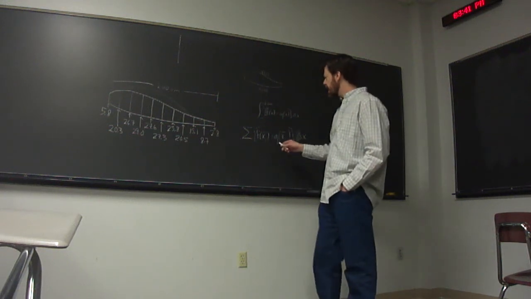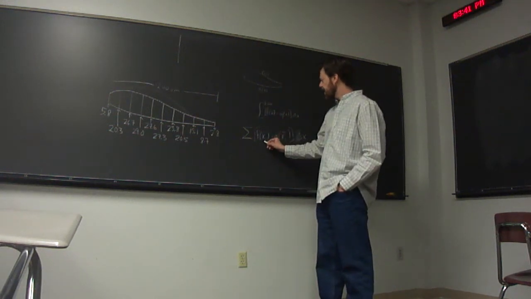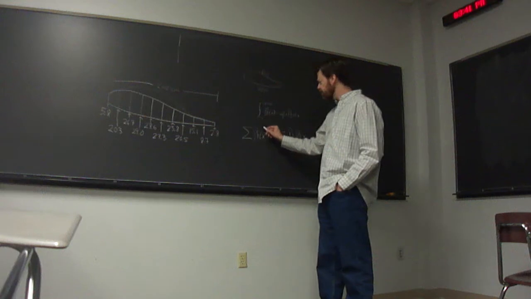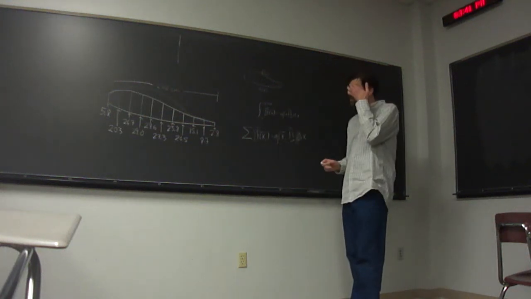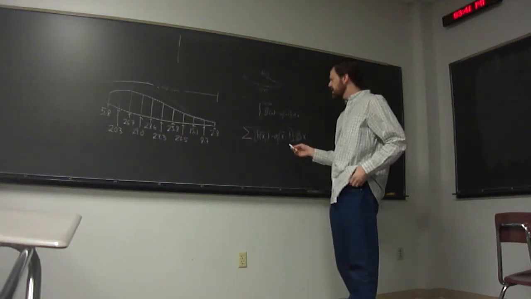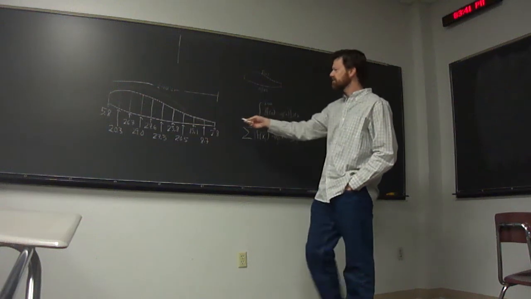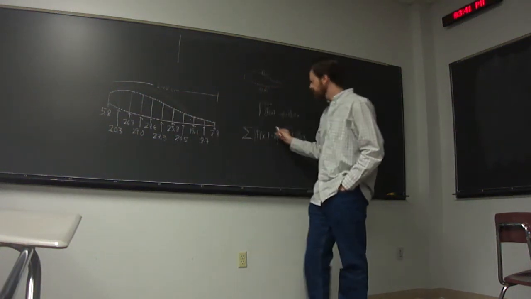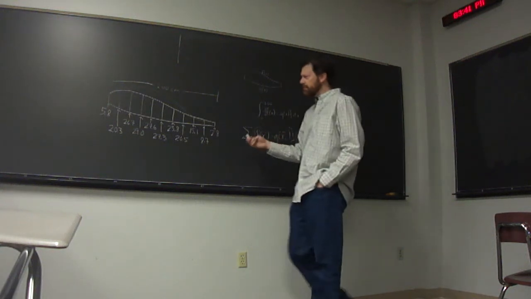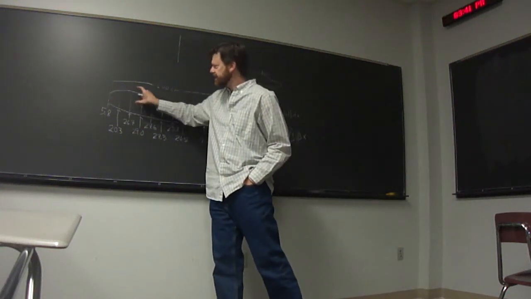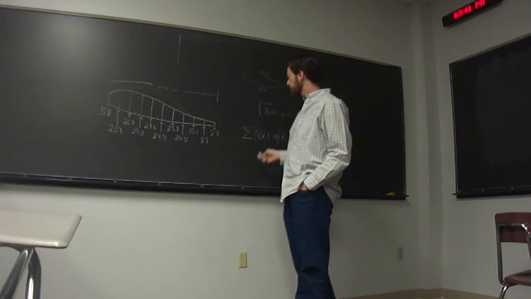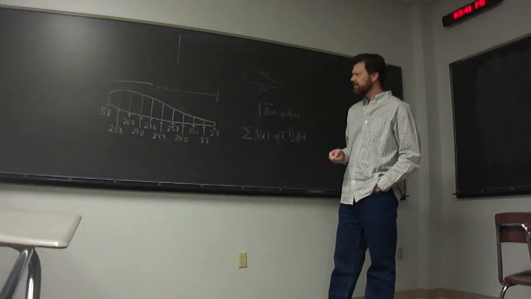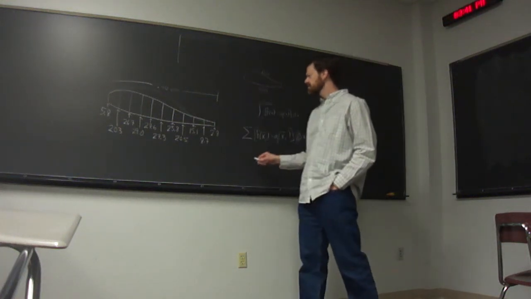So what I need to know is the function values at those subintervals in order to find this. Now, in our situation, we're not actually finding values for f and g, because what we're looking for is the difference, and the difference between f and g is the actual thickness at that point. So we're not going to be doing any subtracting. The subtracting is already done for us in this case.